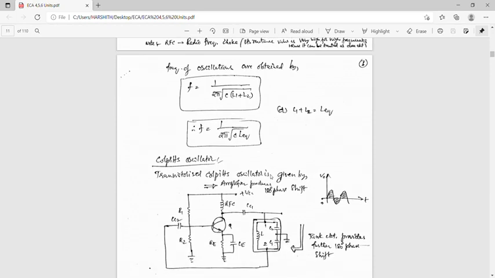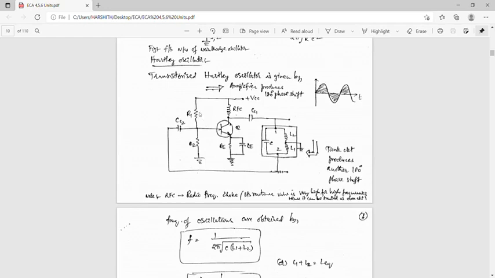R1 and R2 are the biasing resistances. The RFC is the radio frequency choke. Its reactance value is very high for high frequencies, hence it can be treated as an open circuit.